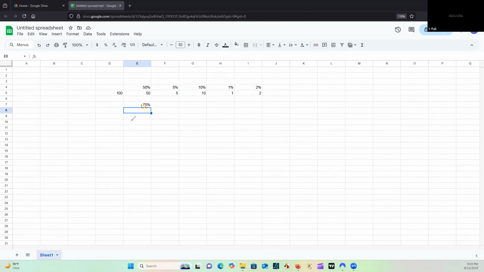So that turns out to be 0.75, right? I moved two places, one, two. So that's decimal format for percentages.